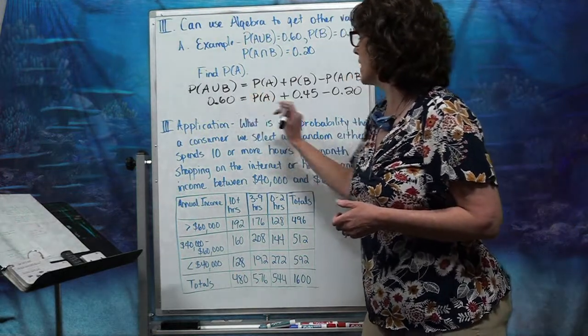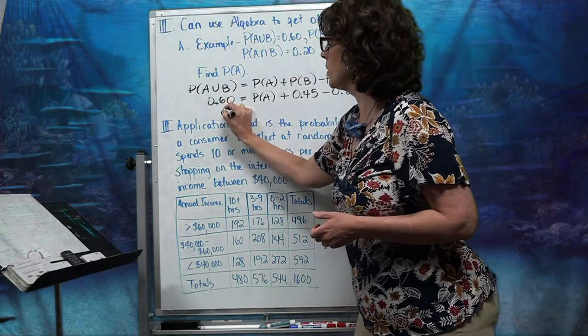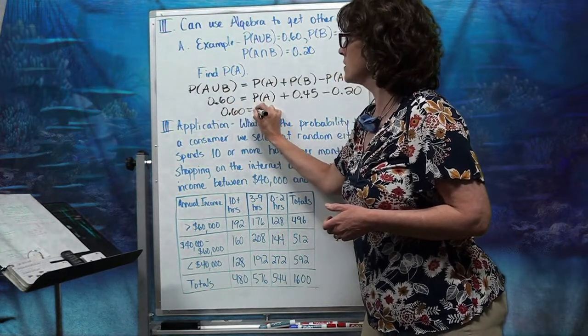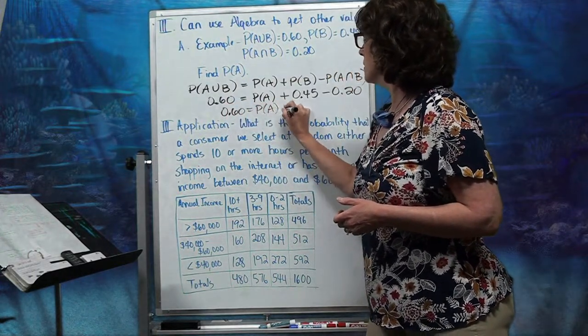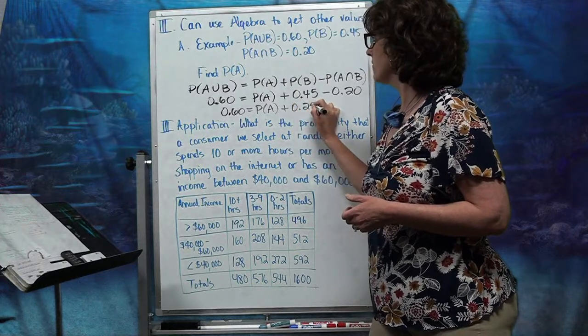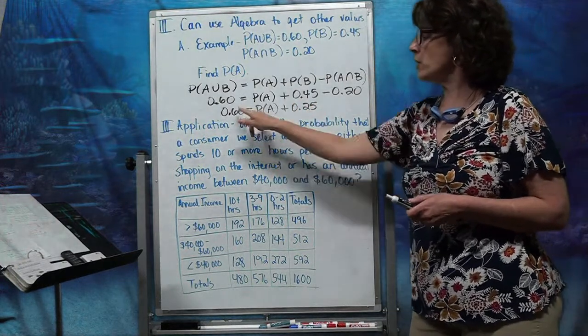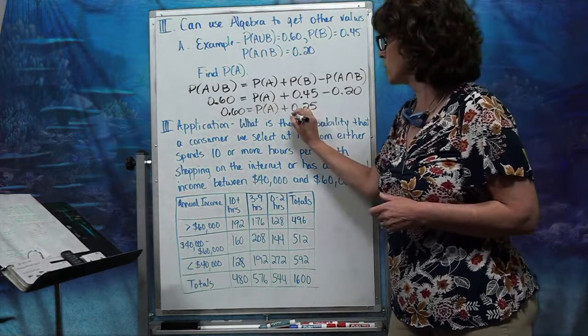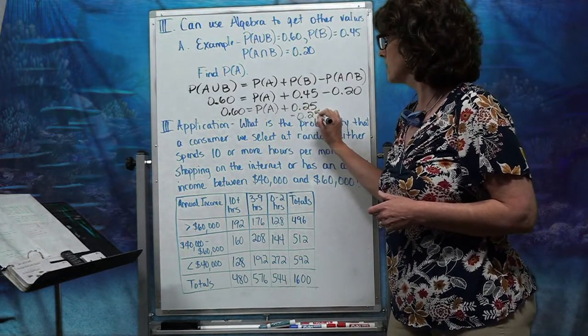Because I know that 0.45 minus 0.20 is going to be 0.25. And then in order to get that 0.25 to the other side, I need to subtract 0.25 from both sides.